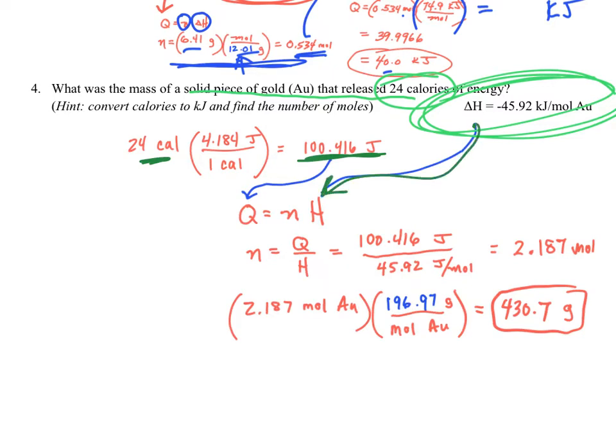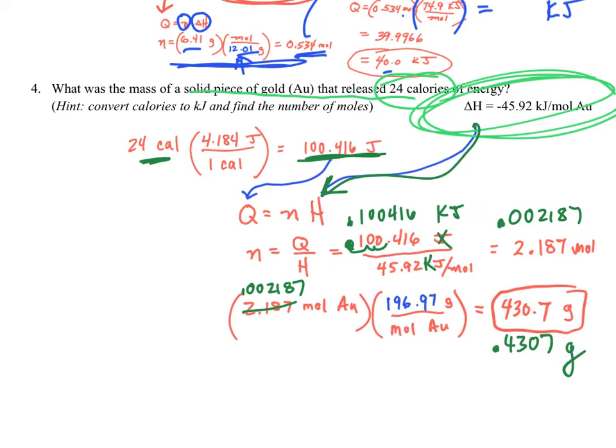Now I see there's an error in this calculation here because the 45.92 is in kilojoules and the top here is in joules, so we would have to move the decimal over and make that 0.100416 kilojoules, and then that's going to make the answer 0.002187. So that changes this, 0.002187, and that's going to make that 0.4307 grams.